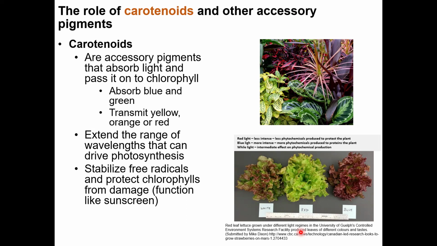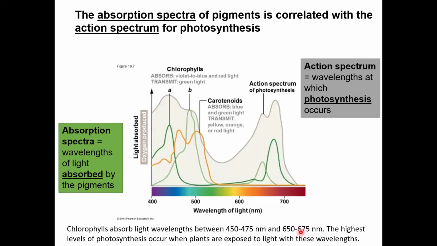The absorption spectra of the pigments is also correlated with the action spectrum of photosynthesis, so the wavelengths absorbed by the pigments are the wavelengths at which photosynthesis can actually occur.